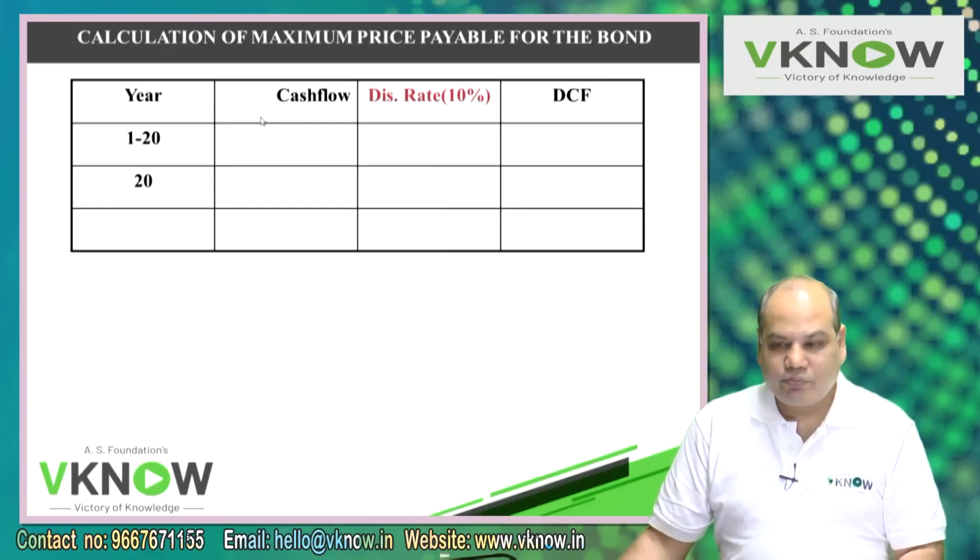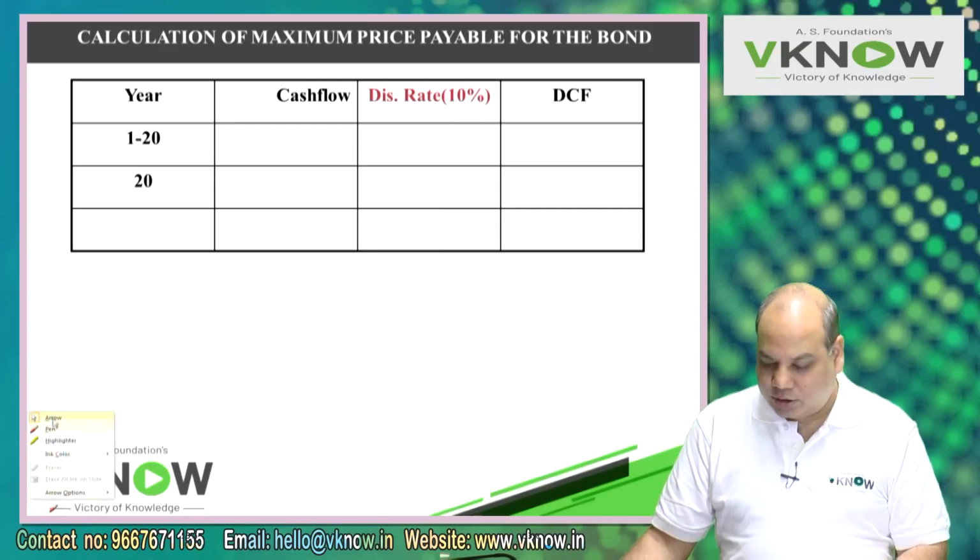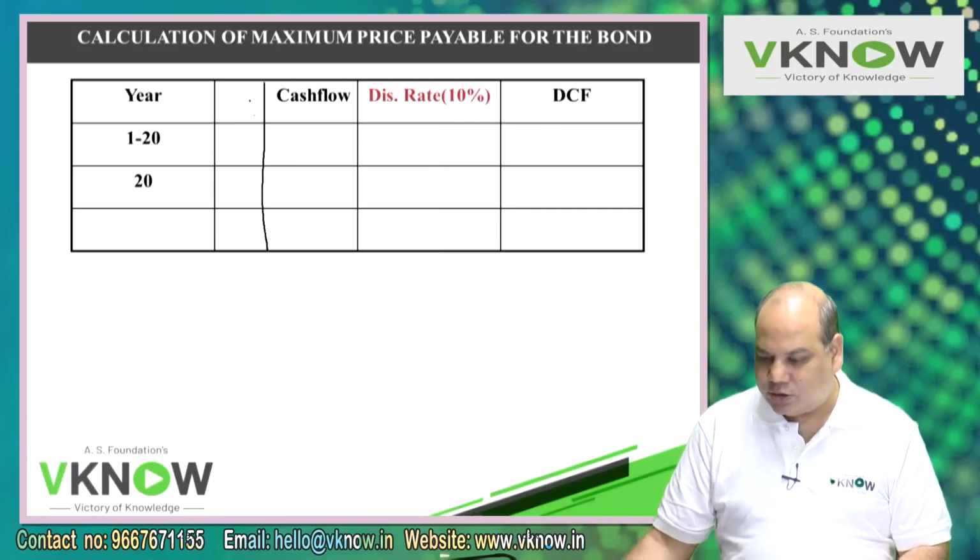Year, cash flow, discounting factor at the rate of 10%, discounted cash flow. In the particular column which is printed in your book, you will write the nature of the cash flow. Okay, so write down 1-20.